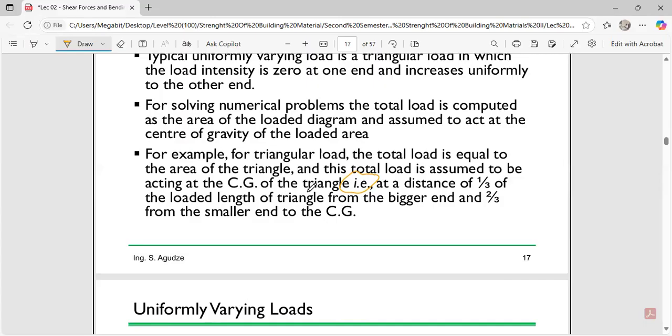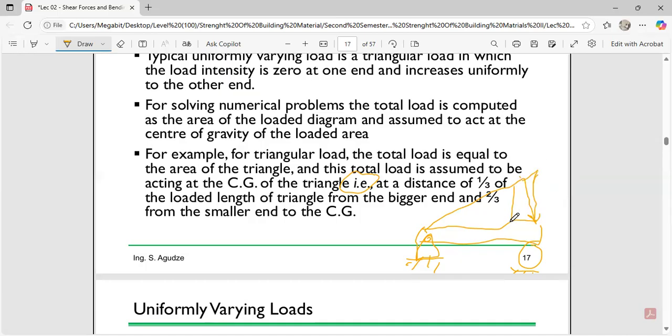The meaning of that is that, assuming this is the beam, and this part of the beam is a hinge support, and this part is also, let's say, a roller. So in other words, let's say this is a simply supported beam, and now it is carrying a uniformly varying load.